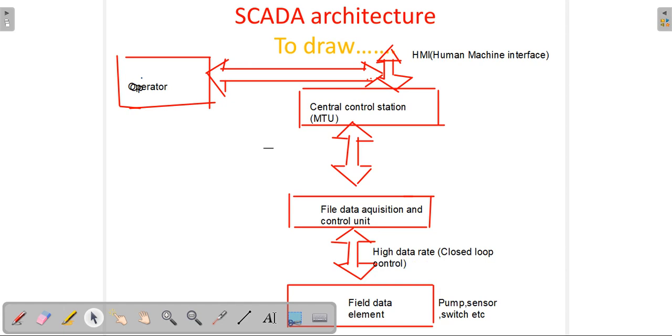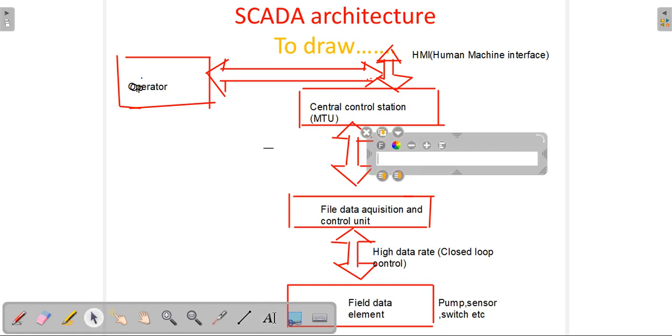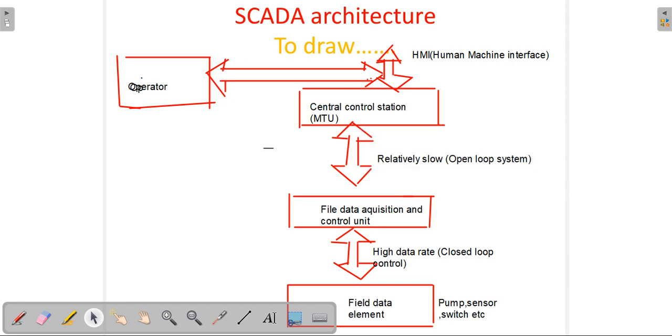Then here this one is relatively slow. Generally it is open loop system. Here you have got the open loop system here, relatively slow. And this is what is the communication here.